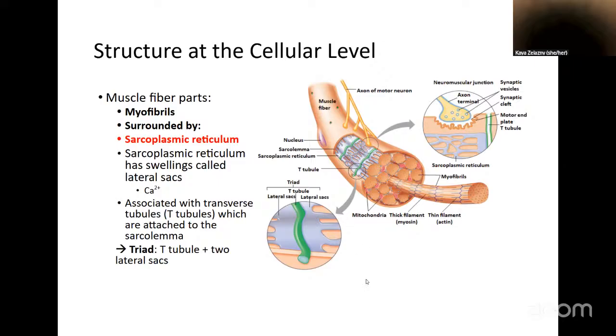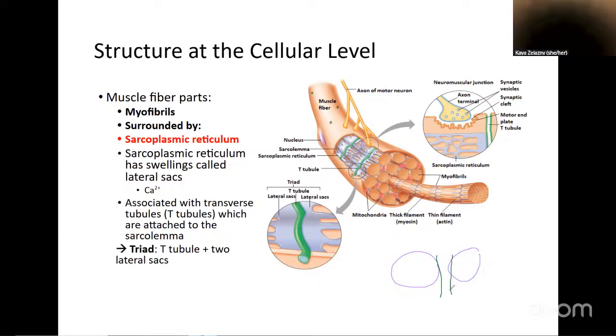And associated with that sarcoplasmic reticulum, we also have these tubes, right? So I tried to be helpful naming these. These are our T tubules. So we're forming a T where we have on the sides, we're thinking baggies of calcium in the lateral sacs, right? And in the center, we've got our T tubule. So that's the T we're kind of talking about here.